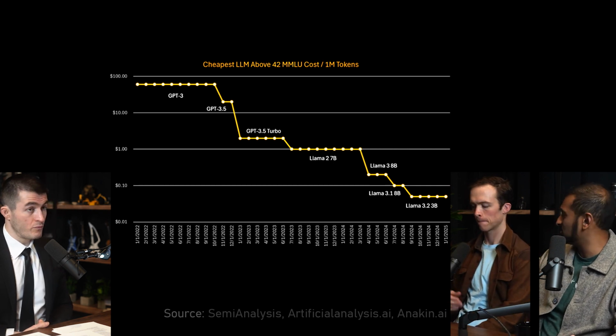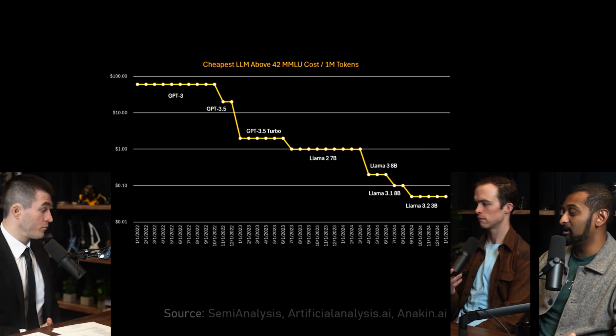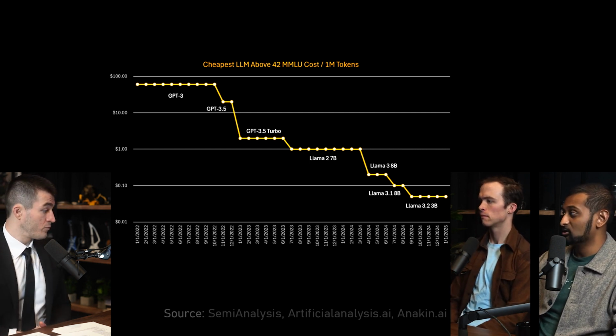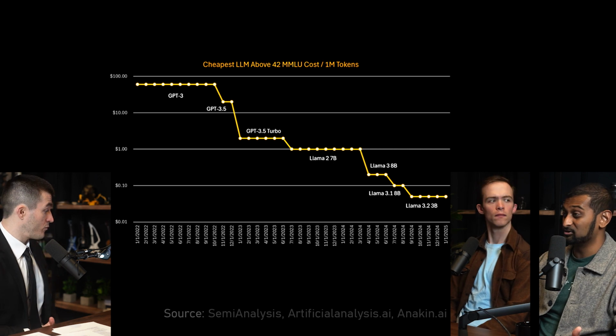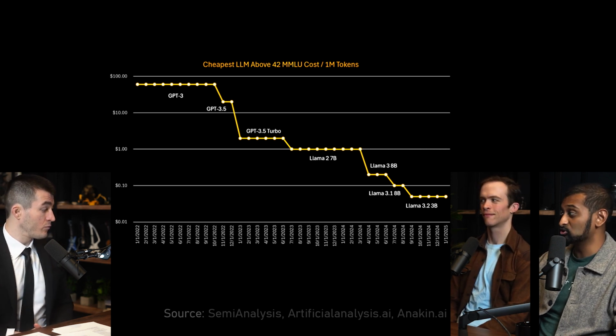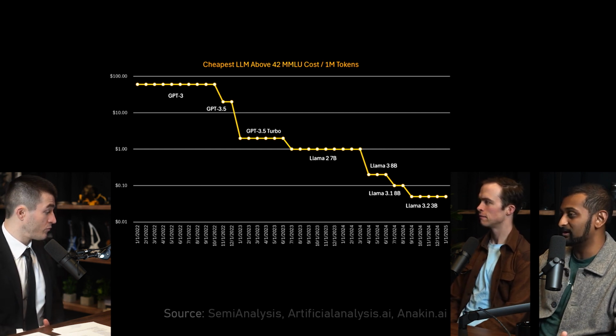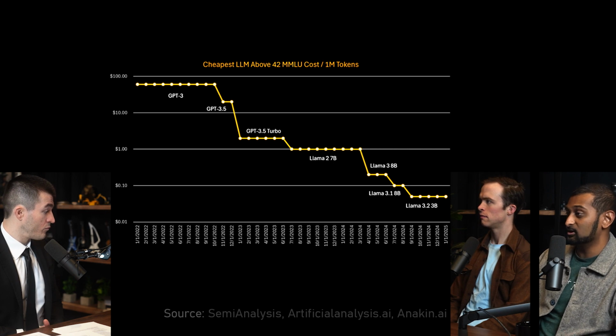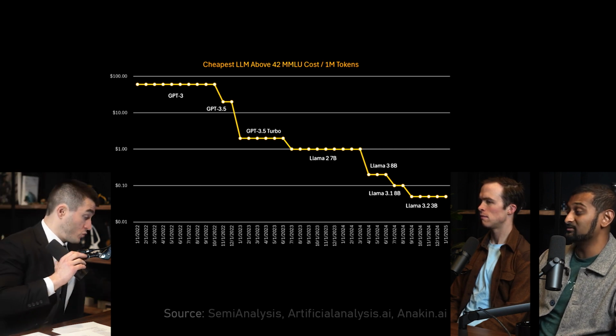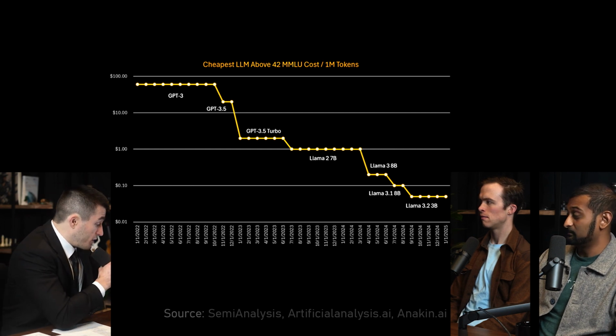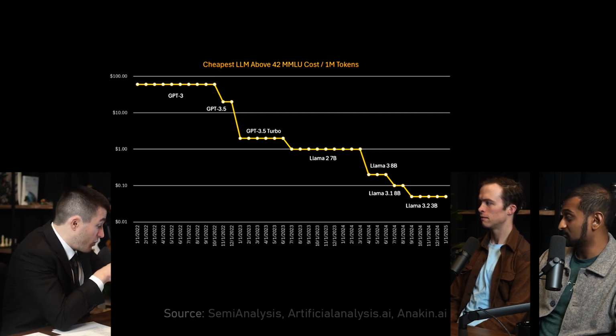GPT-3 was trained in 2020, 2021. And the cost for running inference on it was $60, $70 per million tokens, right? Which is, the cost per intelligence was ridiculous. Now, as we scaled forward 2 years, we've had a 1,200x reduction in cost to achieve the same level of intelligence as GPT-3. So here on the x-axis is time over just a couple of years, and on the y-axis is log scale dollars to run inference on a million tokens.